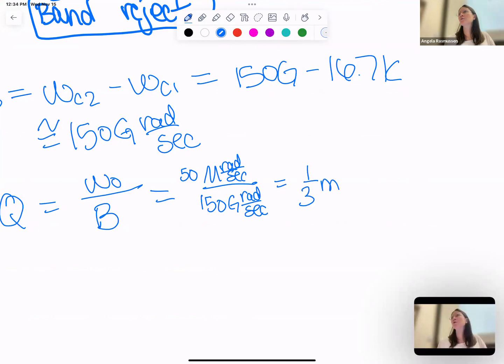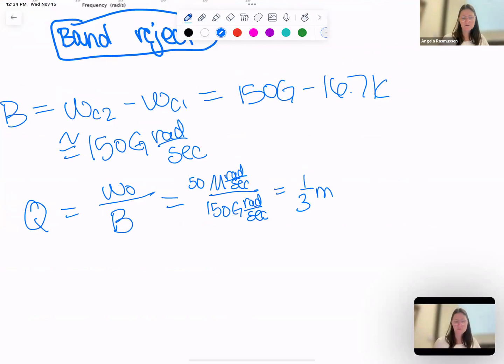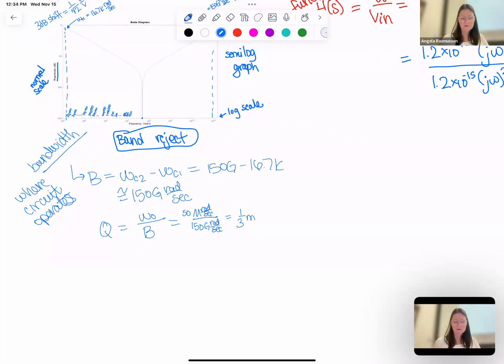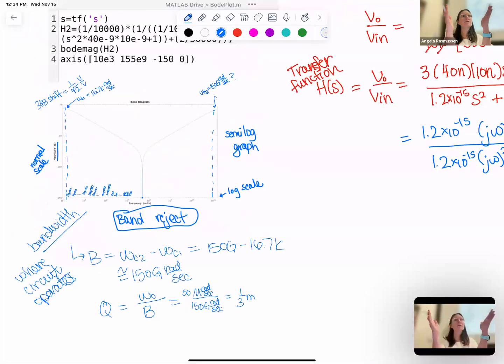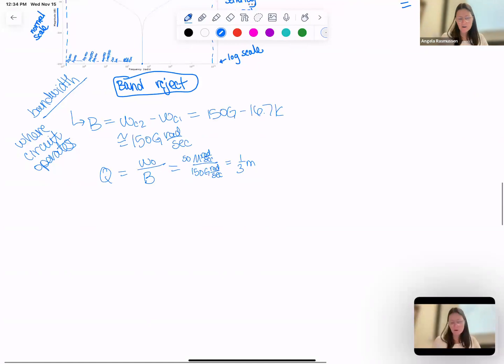What does a low Q value mean? So that Q was how selective it was. So remember, this is the selectivity value.